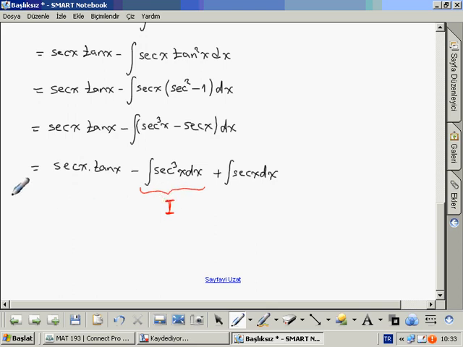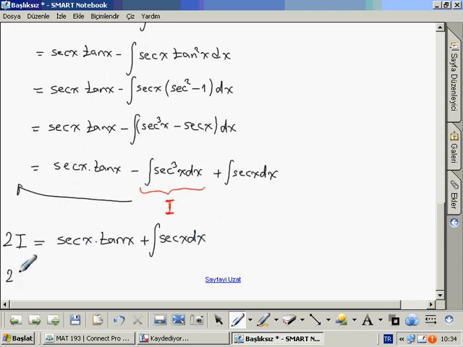So this I comes to here, and here will be 2I equals secant x times tangent x plus integral secant x del x.